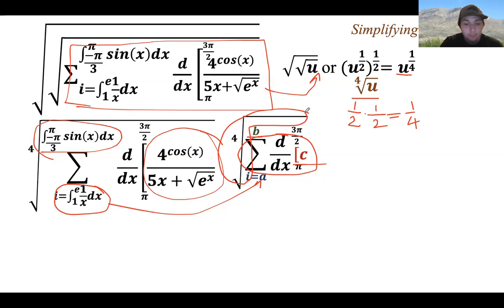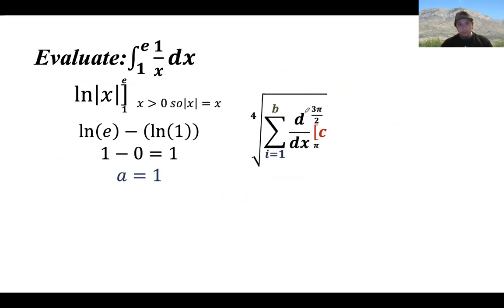First off, we're going to solve part A. By solving part A, we need to evaluate this integral. This is, again, basic Calc 1. Fundamental theorem of calculus, we should know this. We need to first take our antiderivative of 1 over x. That is going to be ln absolute value of x. Here's the cool part.